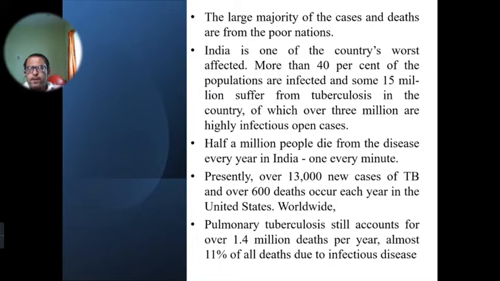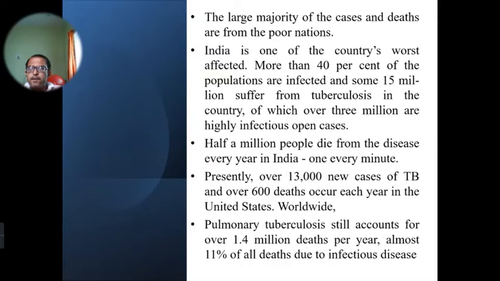Now, India is one of the countries worst affected by pulmonary tuberculosis. Here, more than 40% of the population in India is infected, and some 15 million suffer from tuberculosis in the country.